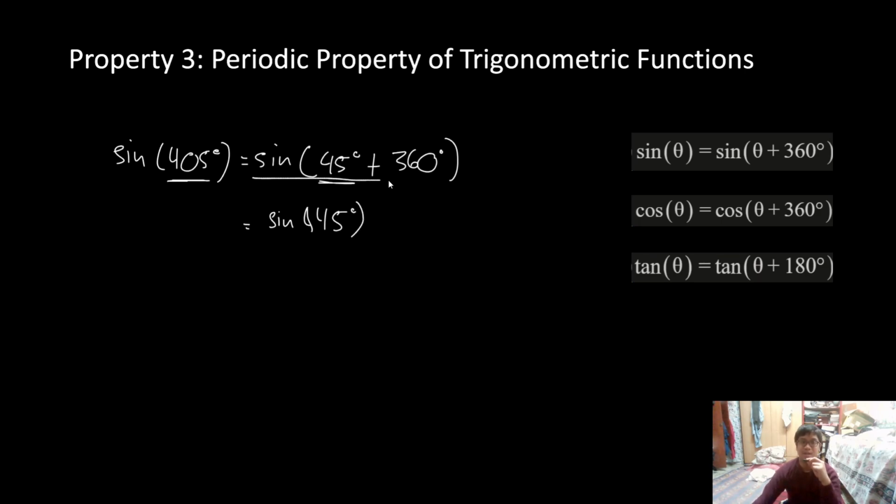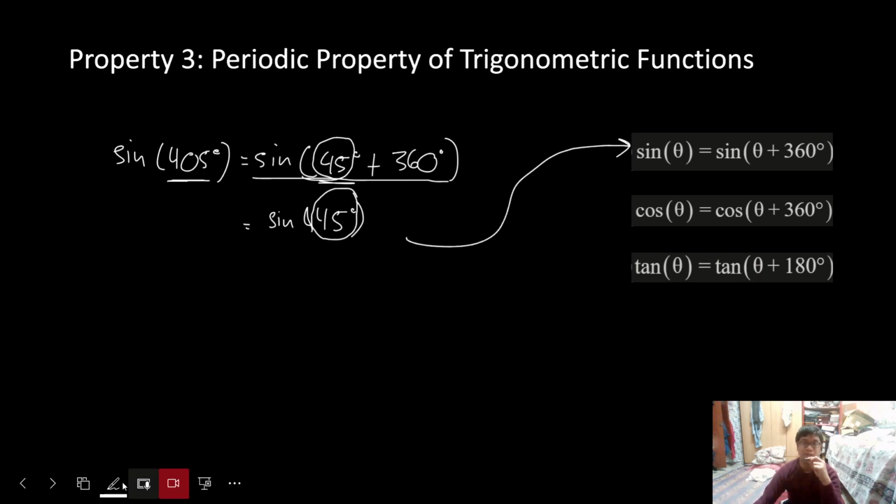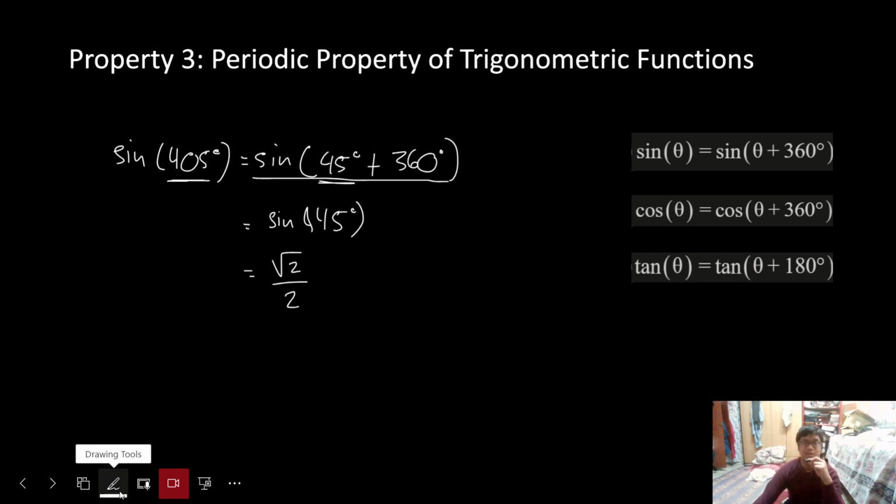So sine of (45 degrees plus 360 degrees) is equal to sine of 45 degrees, according to the periodic property. And sine of 45 degrees is square root of 2 over 2.